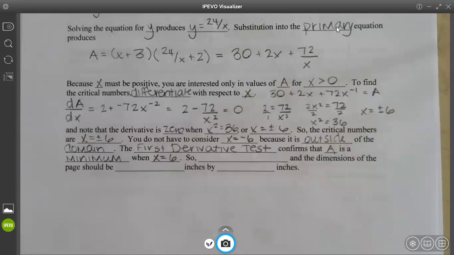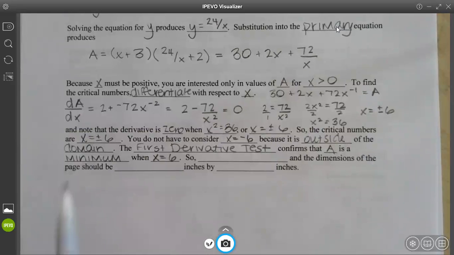Okay, so let's talk about this for a minute. What would we have to put in for our first derivative test? Why? Okay, so anything less than 6 and greater than 6. And then when you plug that in, you'll see that it gives you a minimum value.